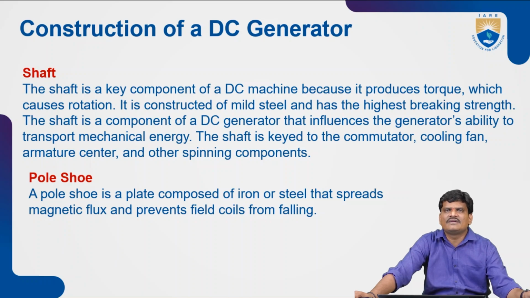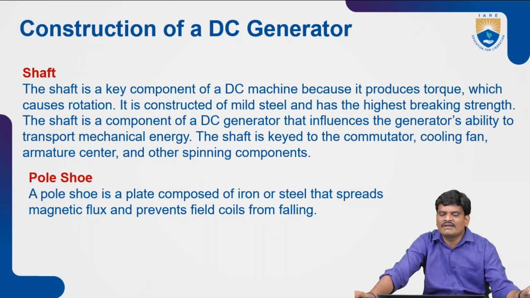So what is the material that is used to make this particular shaft? The material used is mild steel. In order to protect it from different environmental conditions, like a change in temperature or a change in humidity, this material is made of mild steel, which has high mechanical breaking strength.